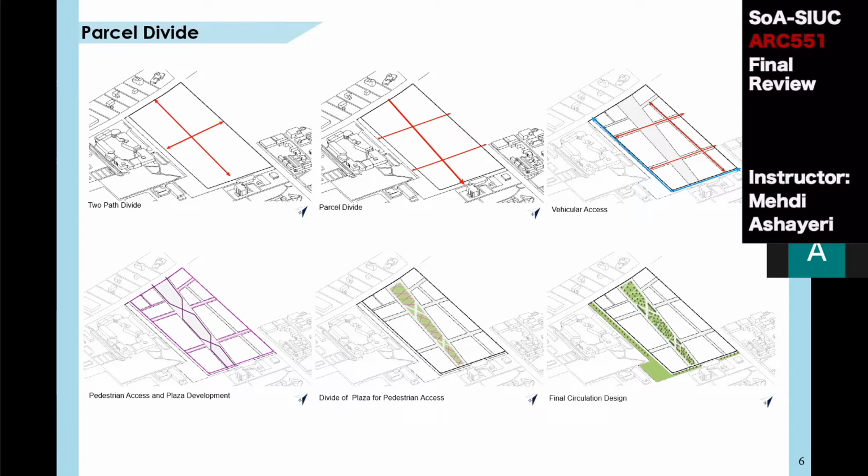Next, we played off this concept by proposing a Main Street split in the center of our site, which created 2 secondary paths that run vertically on the site. Next, in the third image, we created a Main Street that runs vertically on that road.